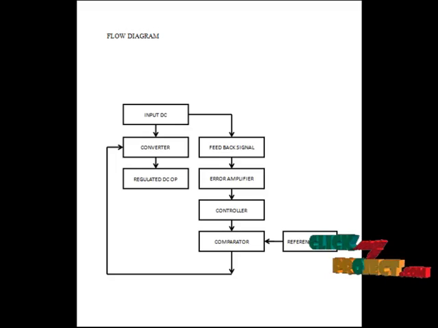Our output is a boost converter, that means a stepped-up DC output. This is fed to the output high voltage DC usage source. Here we give the input as low voltage. For example, we give 200 volts as an input and get 400 volts as an output.